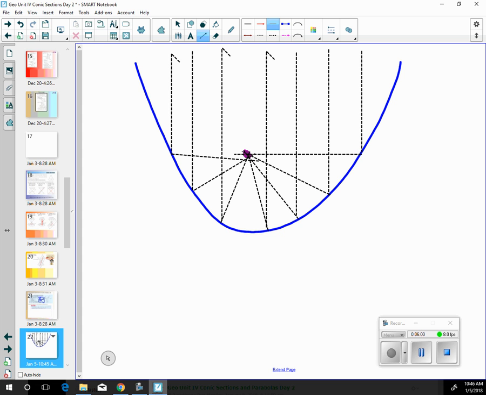I know I didn't draw these perfectly, but this is the ideal, that each of these angles are equal to each other. Angle of incidence equals, well, the angle coming in equals the angle going out. Those reflections are going to reflect to the focal point, and then you have a reflecting telescope.